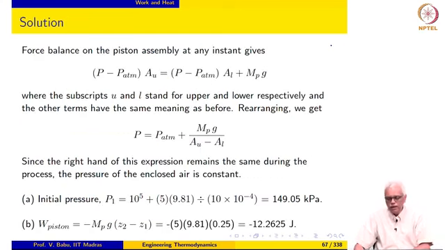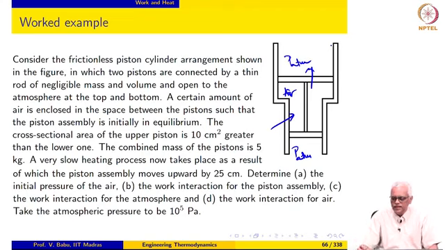So, if we do a force balance on the piston assembly at any instant, so let it be located at some other elevation here. Notice that the pressure of air exerts an upward force on the bottom face of the top piston and a downward force on the top face of the bottom piston.